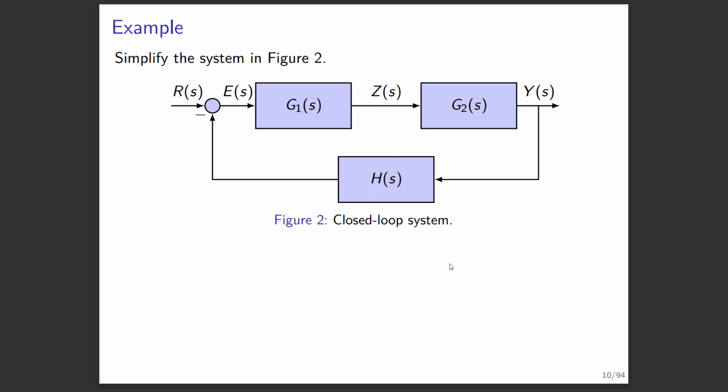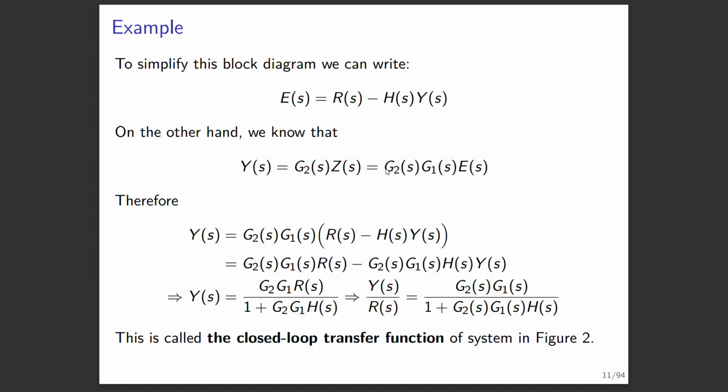Okay, so example, simplify the system in figure 2. I have G1, G2, and H. G1 and G2 are cascaded, and H is in feedback. So here we do signal analysis to show you what happens.